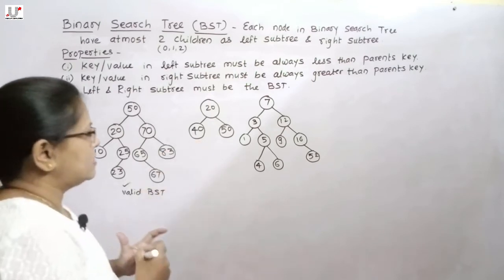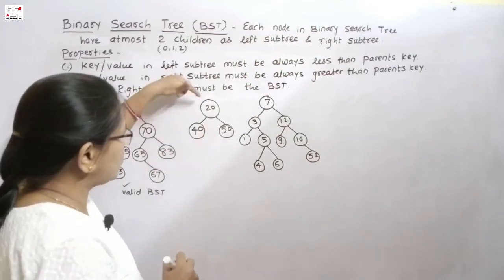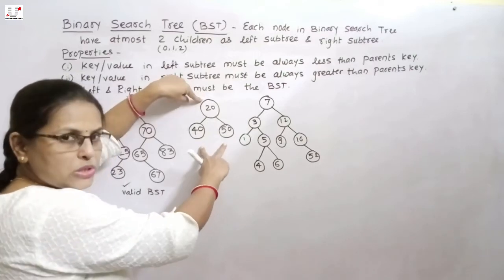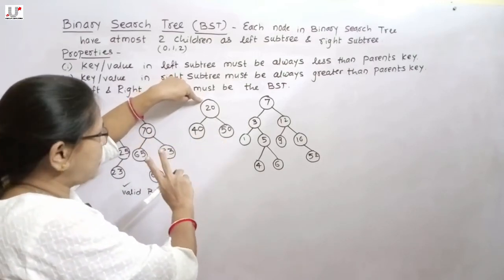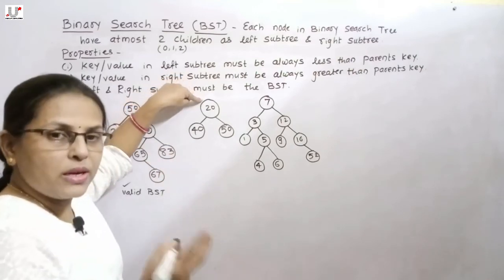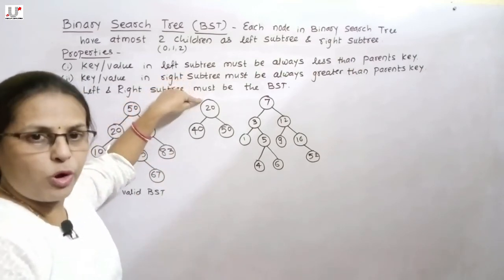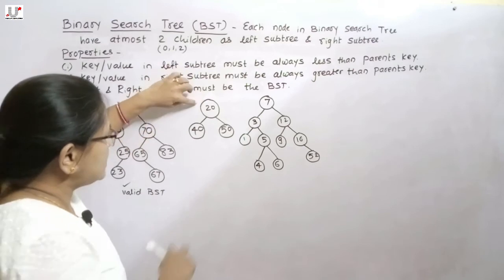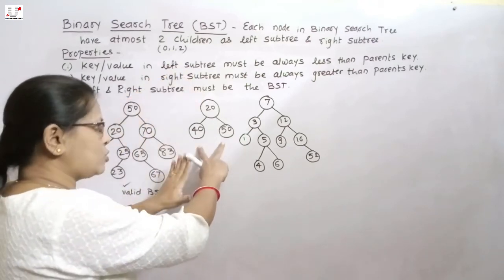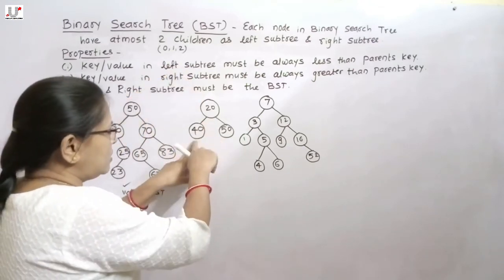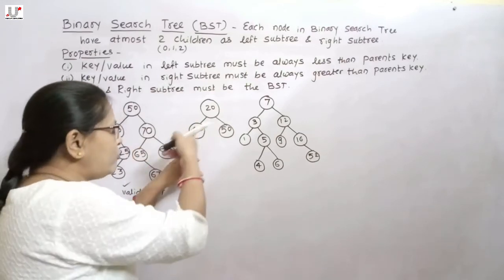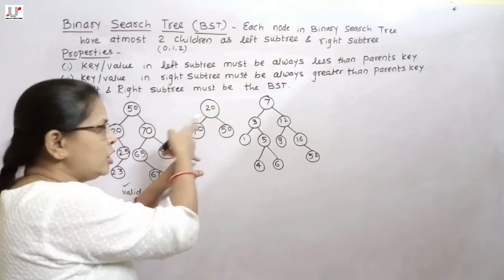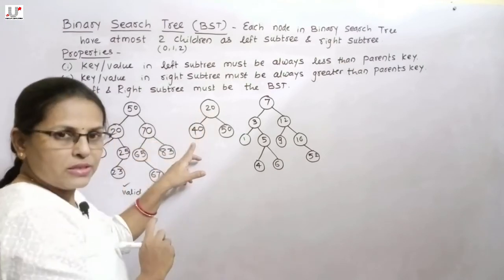Now check this. As 20 has at most two children, it's a binary tree. Now let us check whether it satisfies all the properties of a binary search tree. As it has two children, that's okay. Then, as we know, the value to the left of a particular parent should be smaller than the parent key.